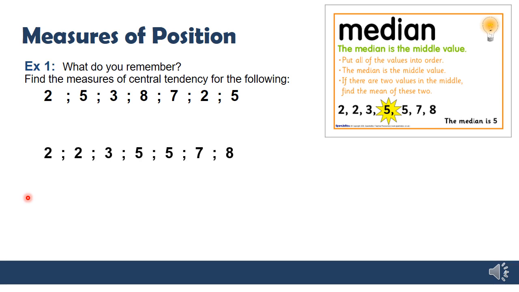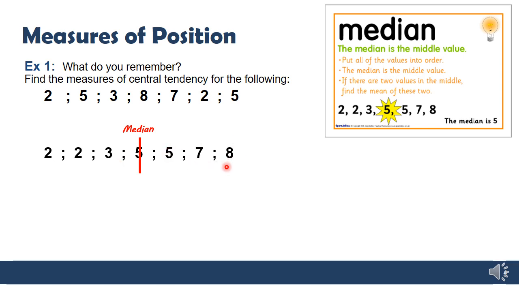So this is the same set of values, just in ascending order like it is in the box in the top right corner. What we see is that the median splits the data into two perfectly equal pieces. So I have three values on the left-hand side in the bottom half, and three values on the right-hand side in the top half.